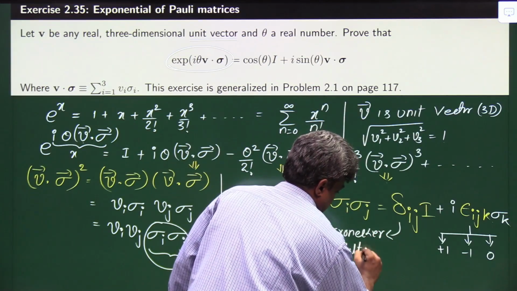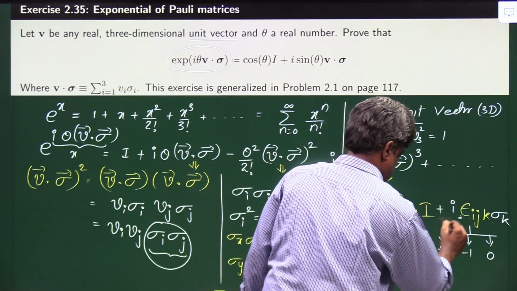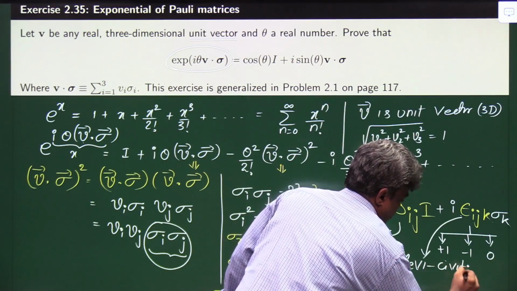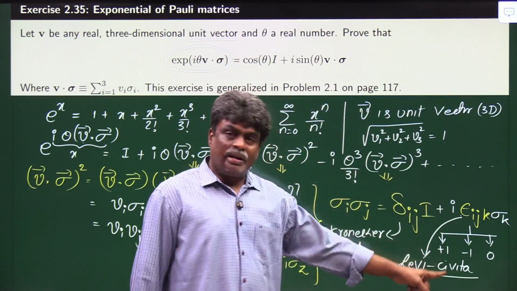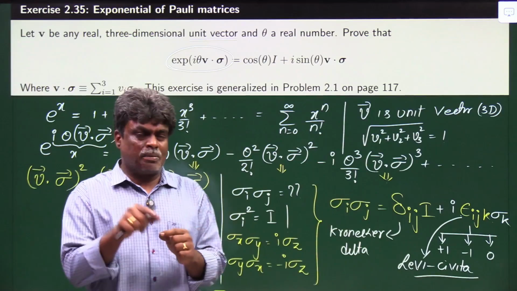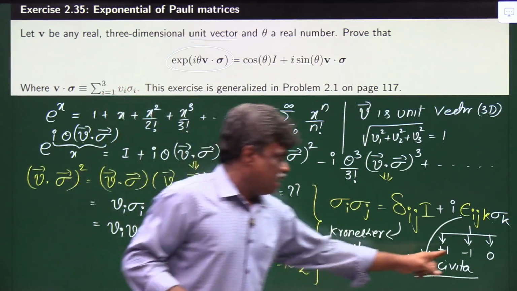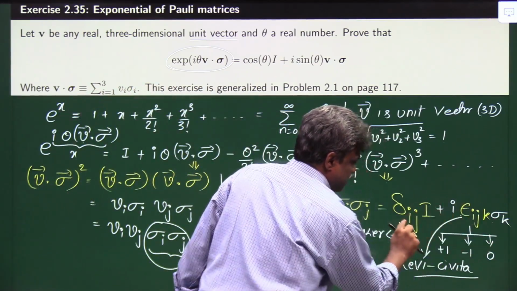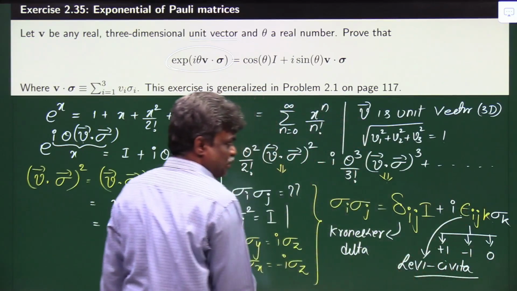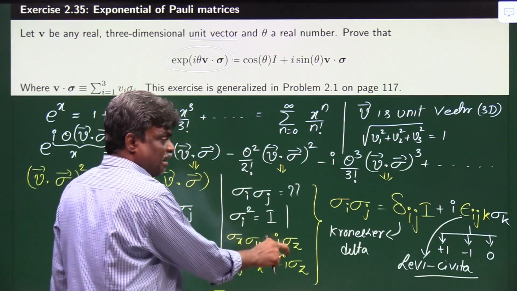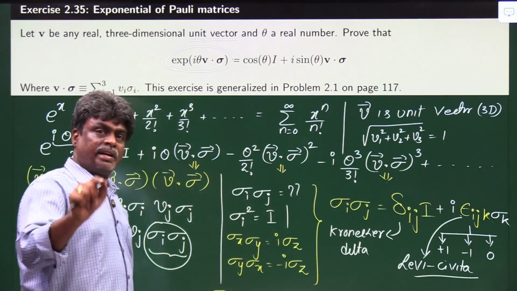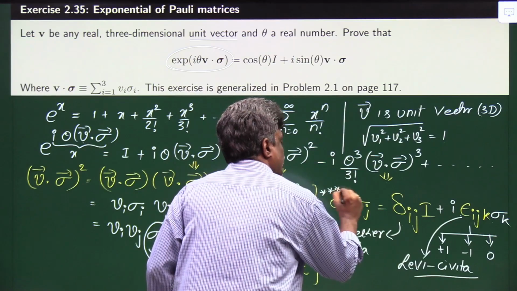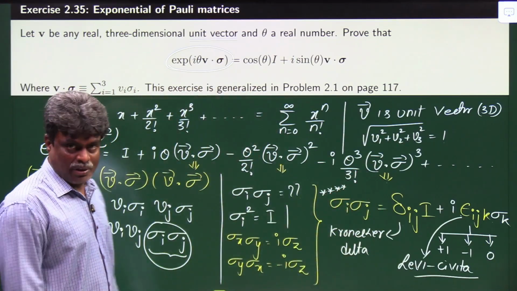So +1 for order, -1 for disorder, that means cyclic and anti-cyclic permutations, and this is 0 for any two the same. If any two are the same, meaning if i equals j, this term is completely 0, then we are getting I. In order, we get iota σ_z; in disorder, we get minus iota σ_z. So this is the more appropriate, more general form of the product of two Pauli spin matrices.